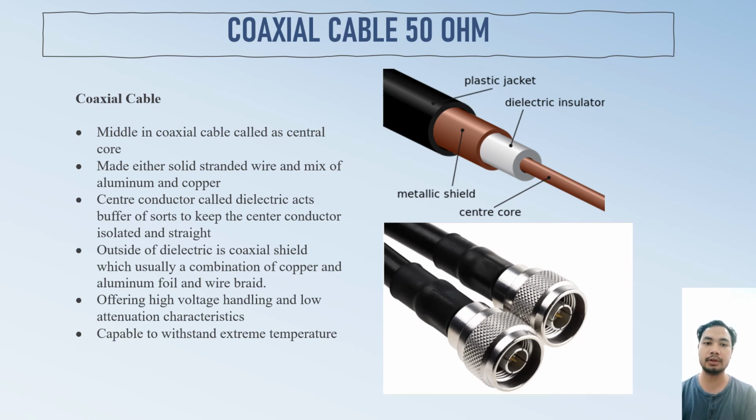Outside of the dielectric is the coaxial shield, which is usually a combination of copper and aluminum foil and wire braid, offering high voltage handling and low attenuation characteristics for 100 watt, and is capable of withstanding extreme temperature, up to 100 degrees.